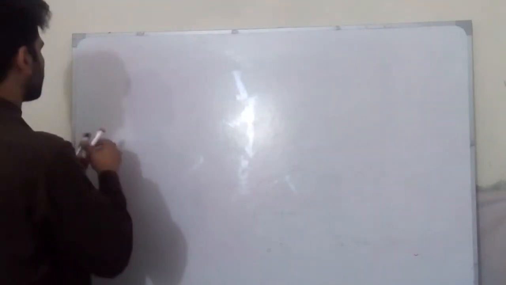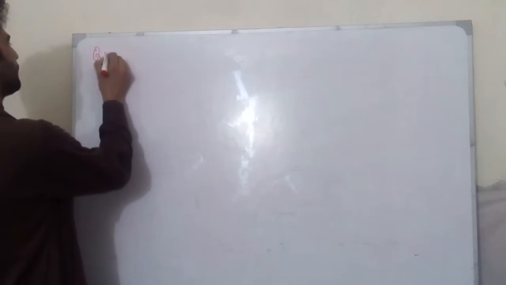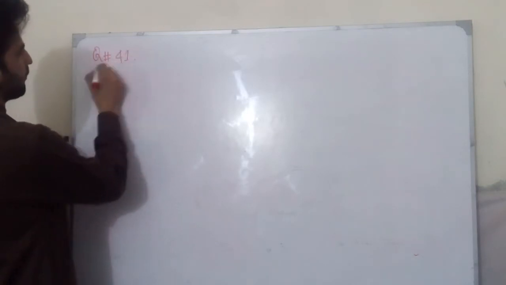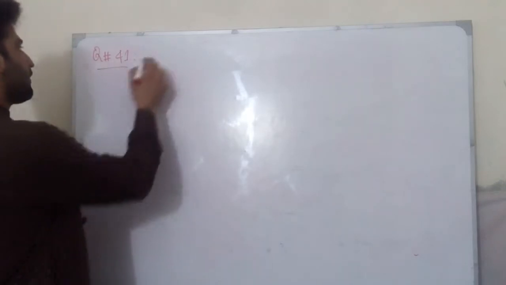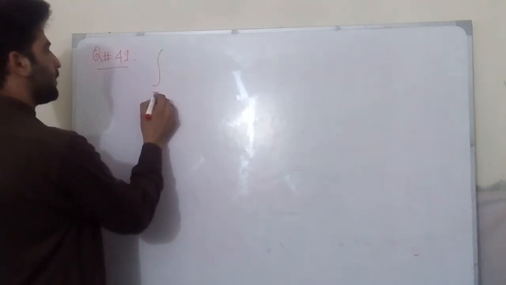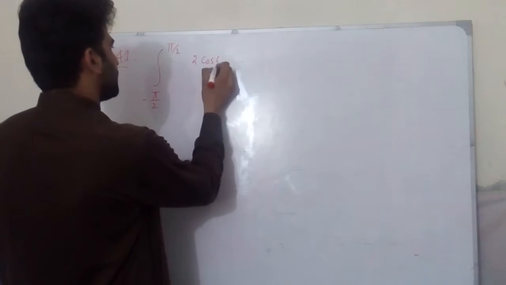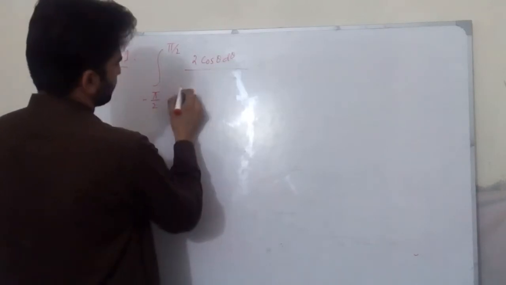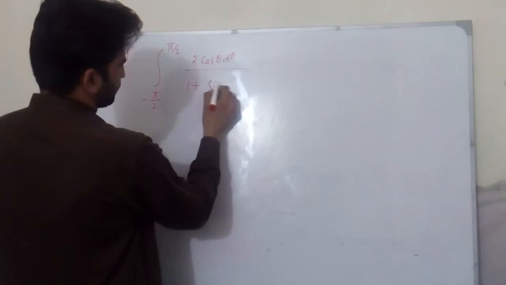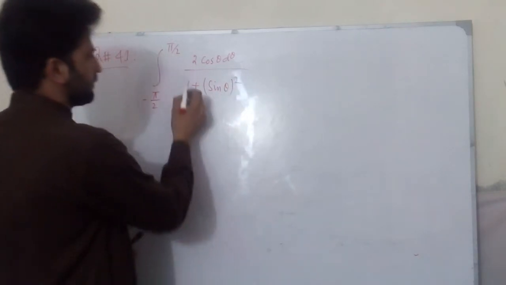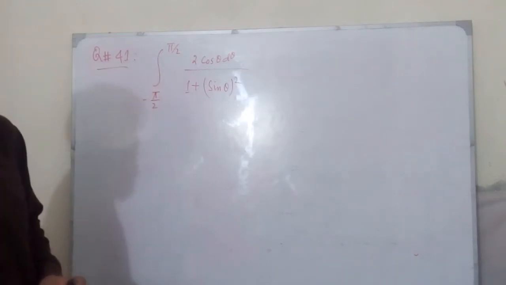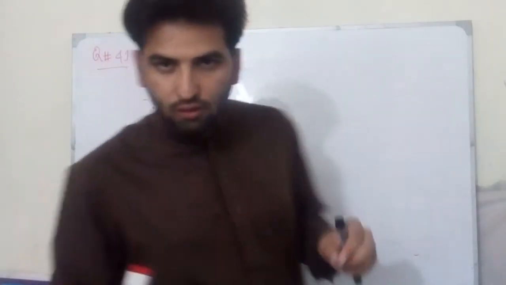The integral from minus pi by 2 to pi by 2 of 2 cos theta d theta over 1 plus sine theta whole square. So this is the question, and this is a very easy question.